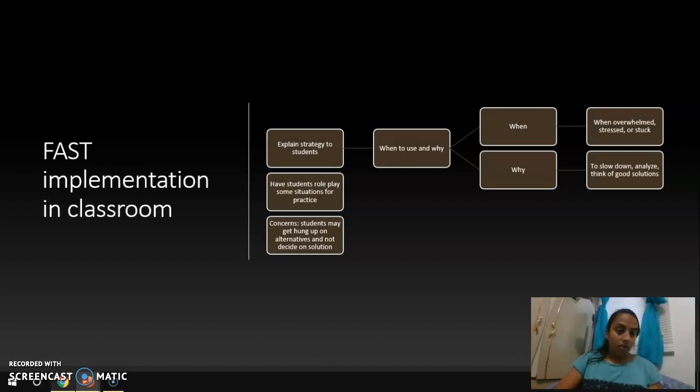As far as implementation in the classroom, I would explain the strategy to students as to when to use it and why. So when to use it would be when they feel overwhelmed, stressed, or stuck. And why? To help them slow down, analyze, and think of good solutions. Because sometimes our first instinct is not always right.